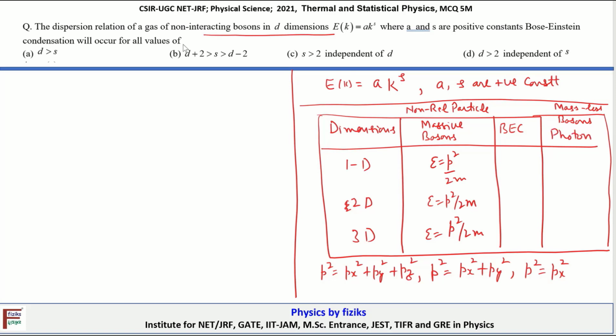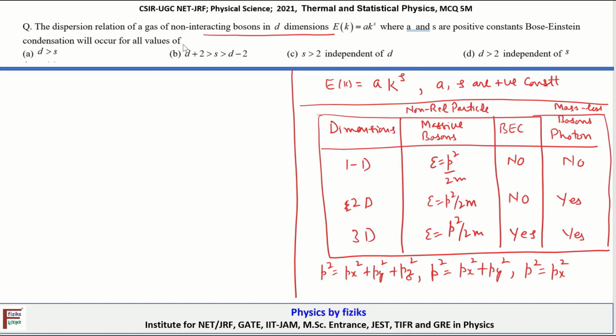Okay, so in 1 dimension the Bose-Einstein condensation doesn't occur for massive boson. Also in 2 dimension it doesn't occur, and it takes place in 3 dimension. Whereas for the massless boson, yes, it's possible in 3D and it's also possible in 2D, but it's not possible in 1D.